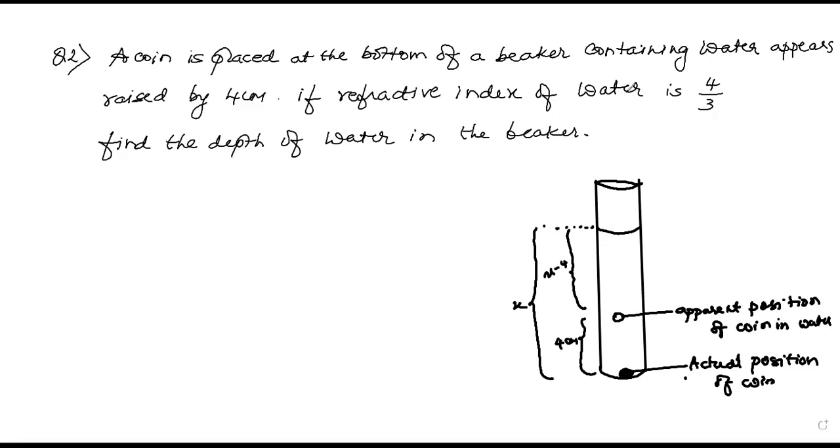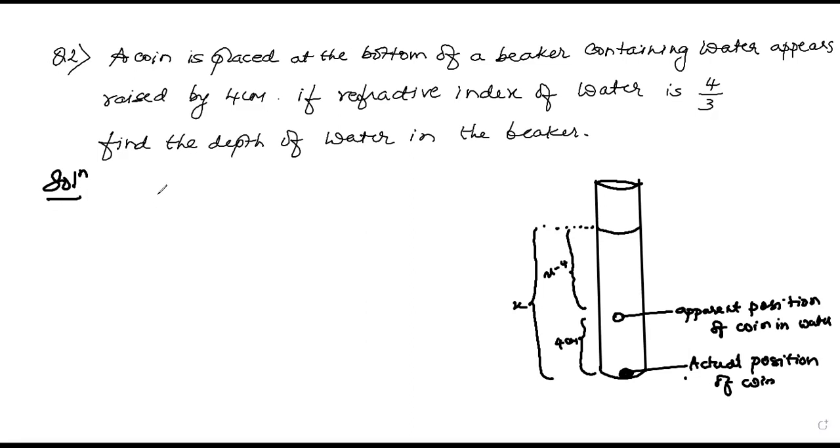Now, what is the meaning of refractive index of water? It is the refractive index of water with respect to air, meaning the ray of light is coming from air to water. Are you getting me here?